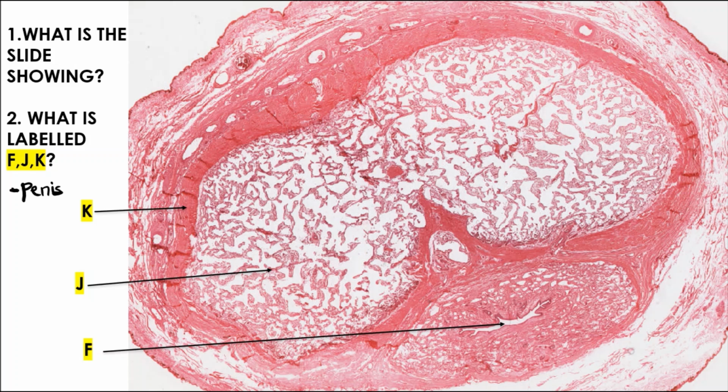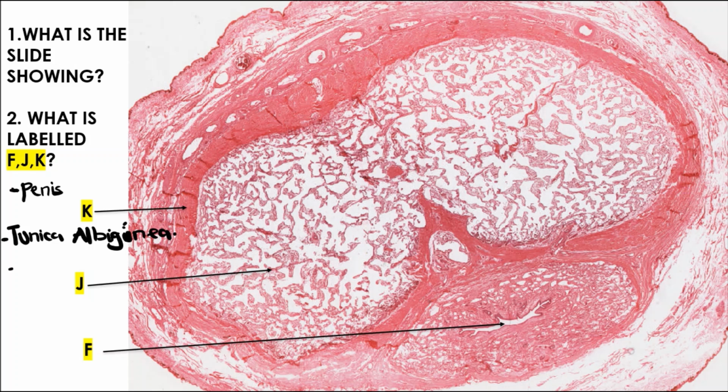K is the tunica albuginea. In albuginea there is a U here.